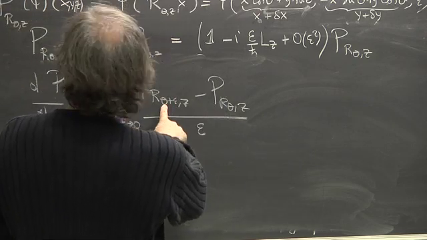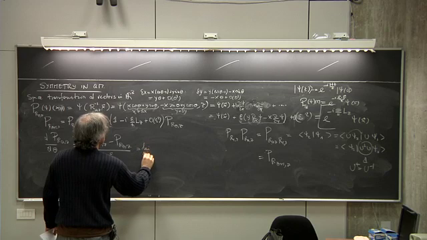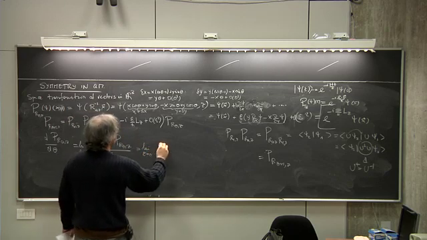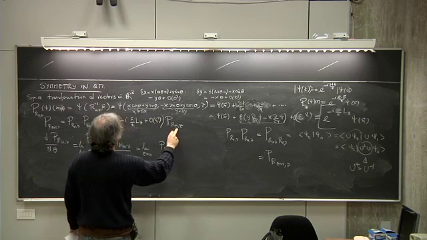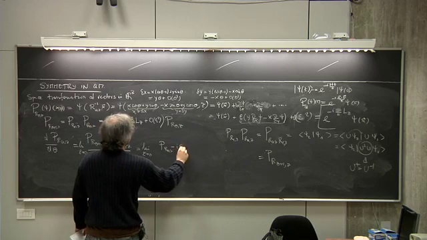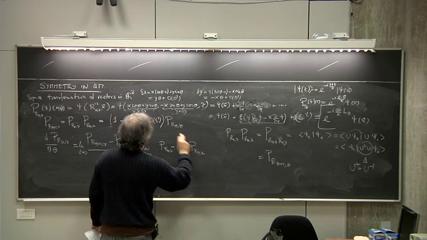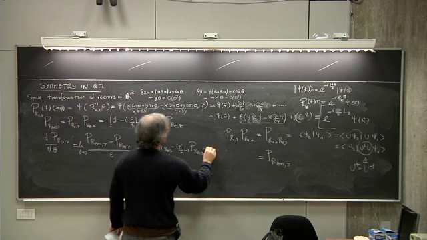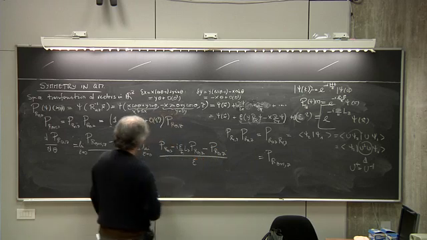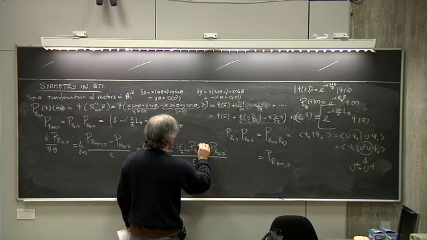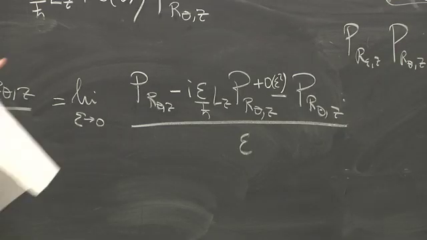Now, this I know. I have calculated here. So it's equal to the limit, epsilon going to 0, of P from the identity of R theta Z minus i epsilon over h bar Lz times P of R theta Z, minus P of R theta Z, divided by epsilon. In principle, here I have other terms, plus order epsilon squared, which I didn't write.